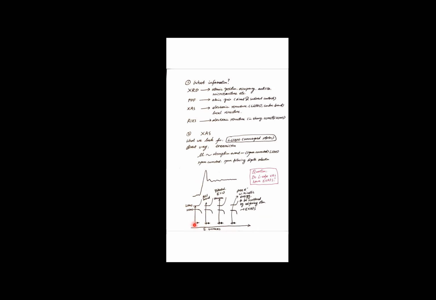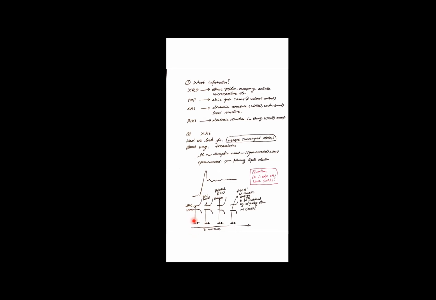We have this absorption, and the initial state is we have filled core electrons. After the absorption, we have a core hole here. The electron is promoted, so a core hole is left behind. And this is the final state for the absorption event.